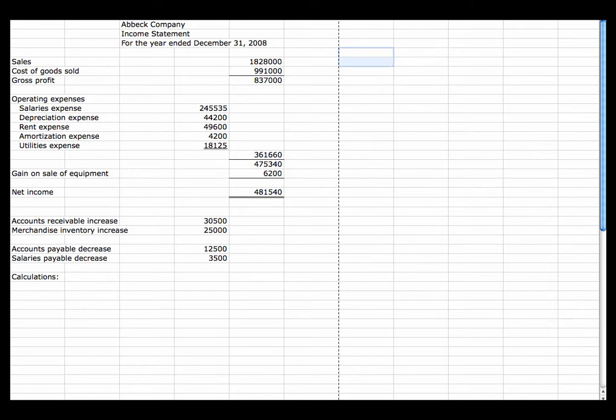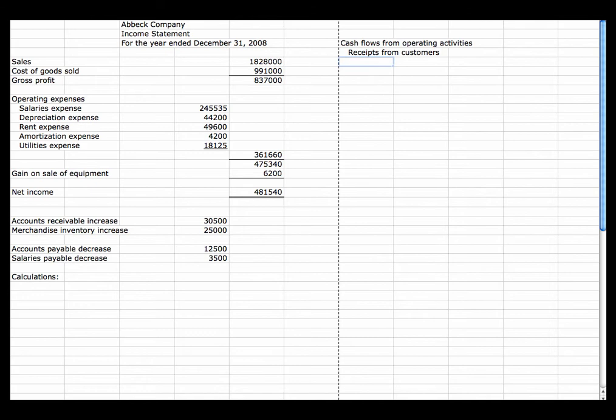So let's go ahead, and I'm going to create it on this side of the screen. I'm going to say cash flows from operating activities. Now, the very first thing of cash flows from operating activities, as we go through just like we did on the T account for cash, is identifying that for the most part we're going to say is the receipts from our customers.